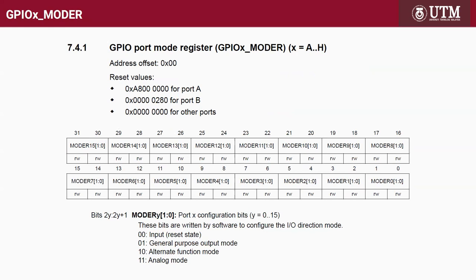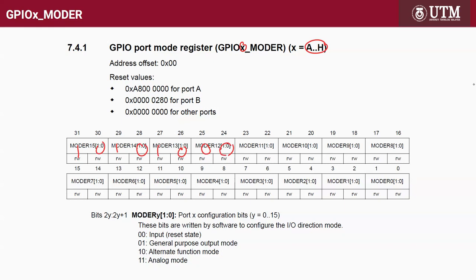So that will be GPIOA MODER, GPIOx MODER, where here I put A instead of x, and x here can be A to H. Okay, so the reset value for port A is A8. So what does it mean? 1 0 1 0 1 0 0 0, and all the rest are zeros.